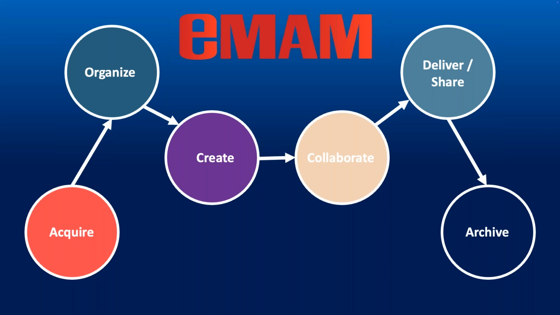And then of course archive. We can archive locally on LTO, S3 buckets, Glacier, Blob, Backblaze, Wasabi, and other types of storage as well. So all different types of options there.